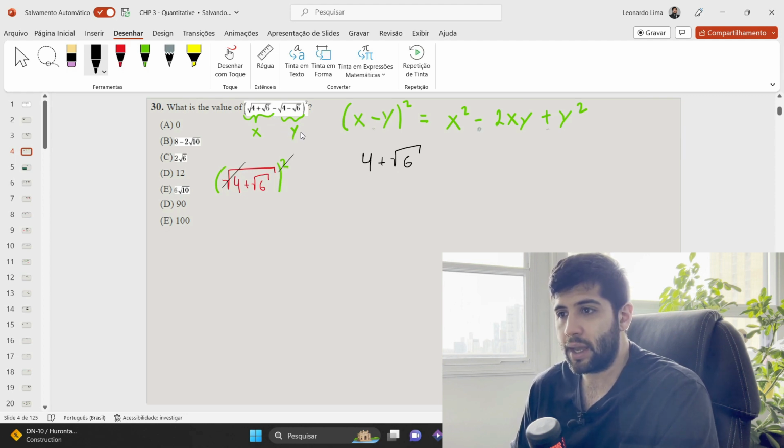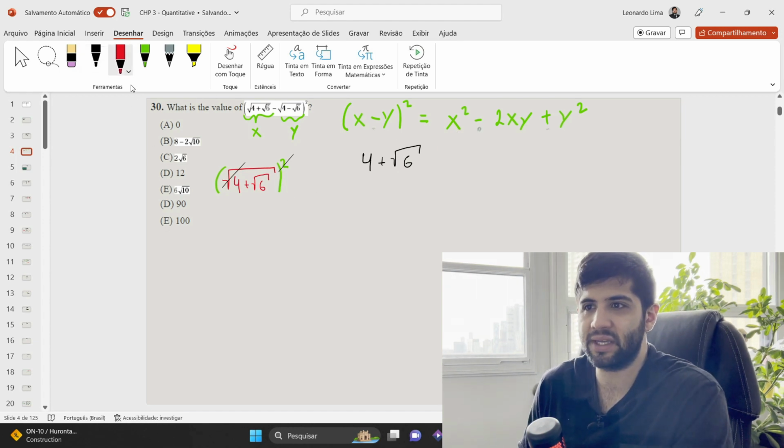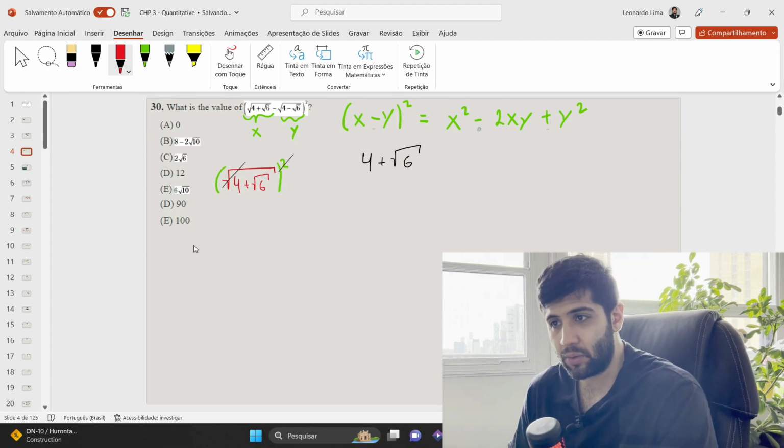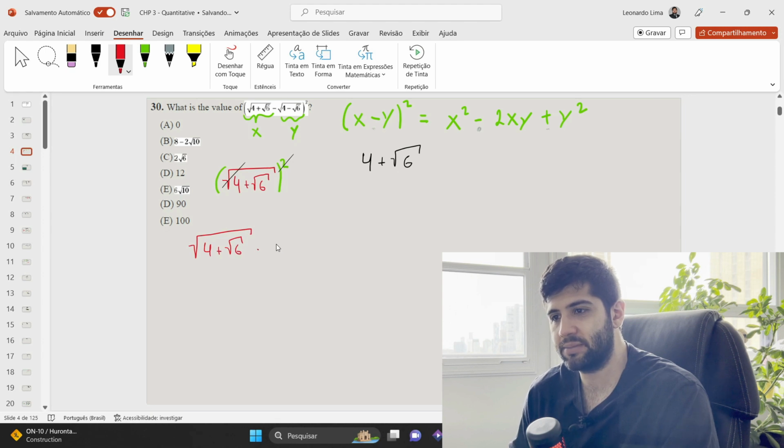Before replacing here, I think it's easier to do it here on the side as well. So I'm going to have the square root, something very big here, of 4 plus the square root of 6 times the square root of 4 minus the square root of 6.